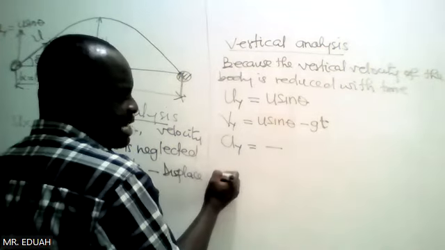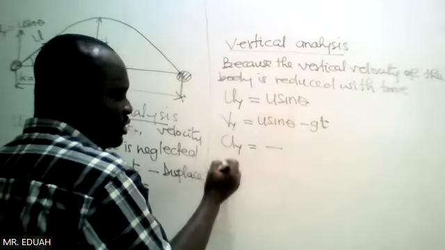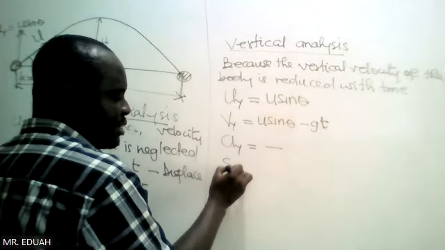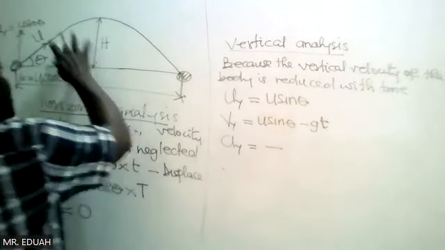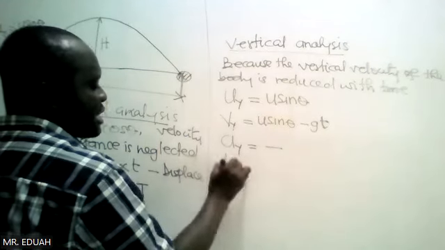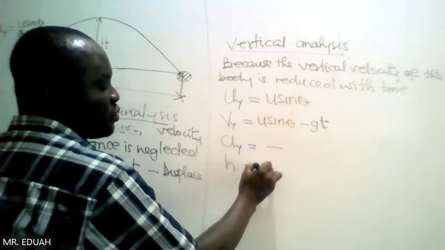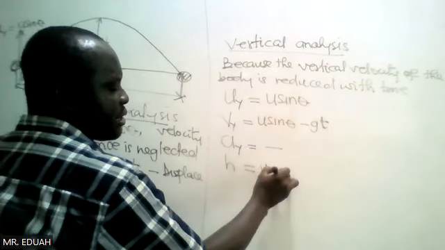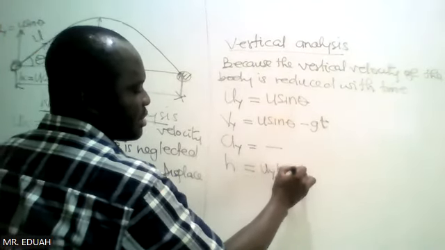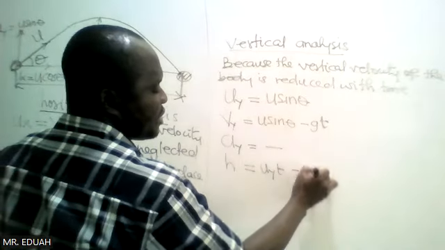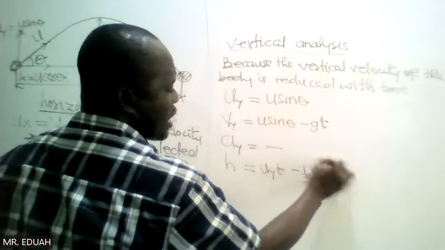What is the vertical displacement after any time t? Let's use h, because for the vertical height we use h. h is equal to uy t minus half g t squared.